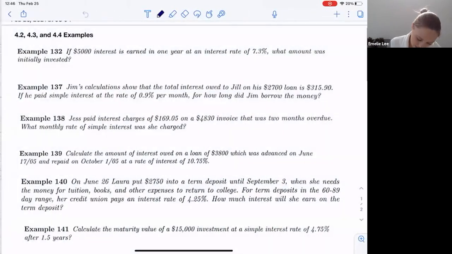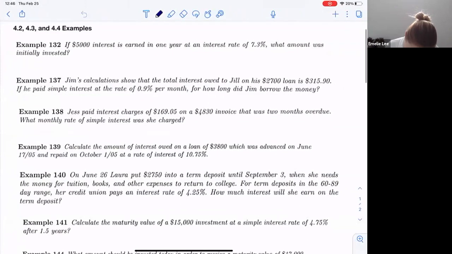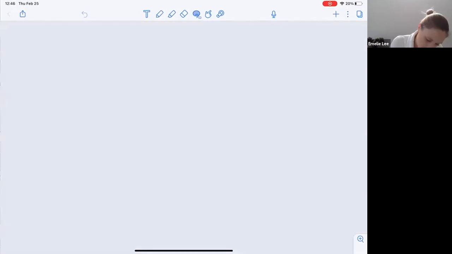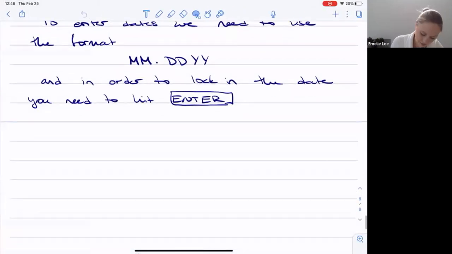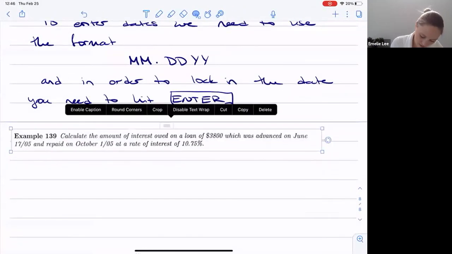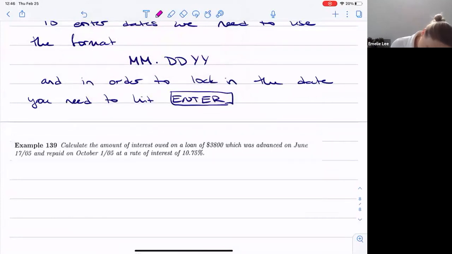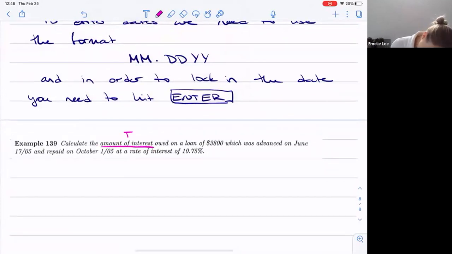So let's see here. All right. Let's do an example where we have to find the days between the dates. Calculate the amount of interest owed. So I is the amount of interest, on a loan of 3,800.